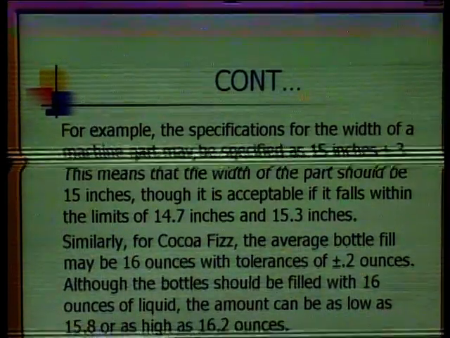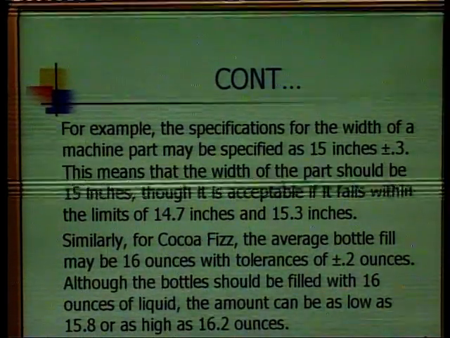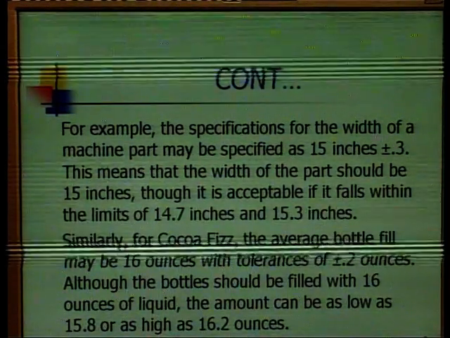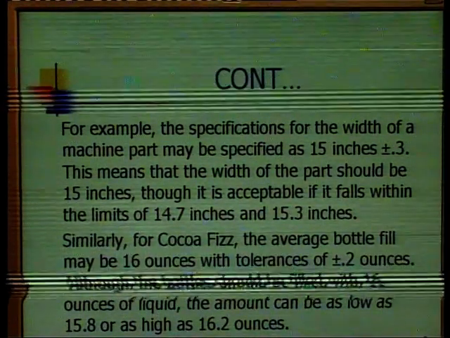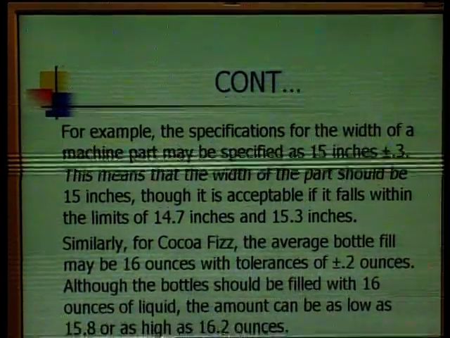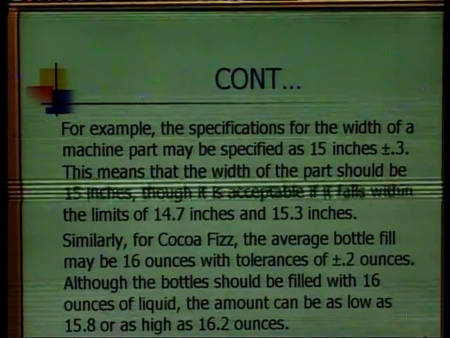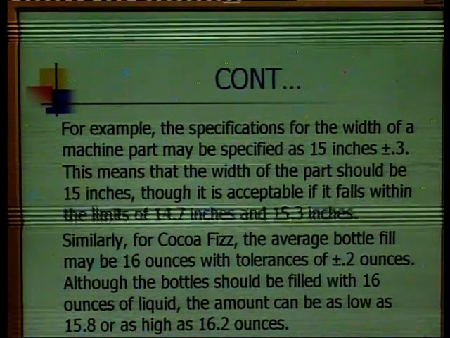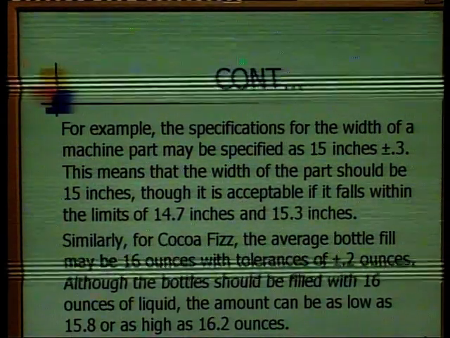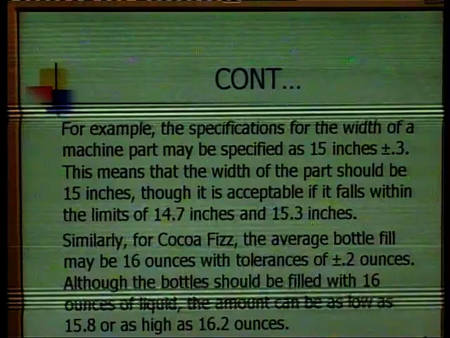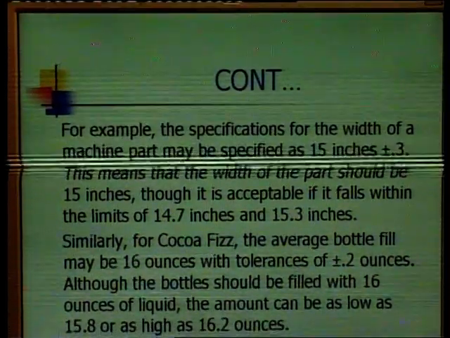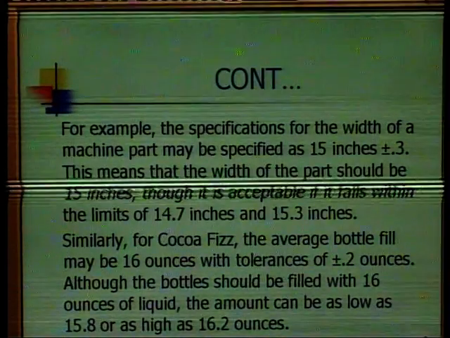For example, the specification for the width of a machine part may be 15 inches plus or minus 0.3, meaning plus or minus 0.3 is the normal variation. The width should be 15 inches, but it is acceptable if it falls within the limits of 14.7 inches and 15.3 inches. If it goes beyond, it is not acceptable and the process is unstable.